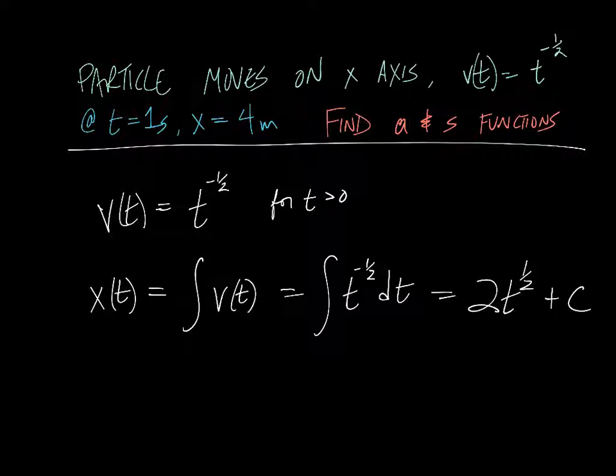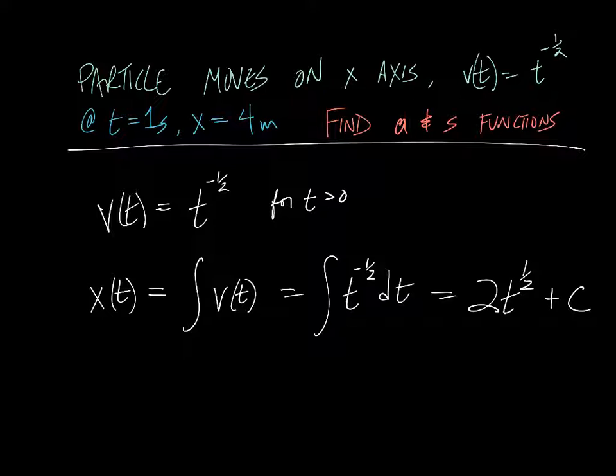All right, the antiderivative of that thing, the integral, Calc 1 level stuff. So now I have x of t is 2 t to the 1/2, and then I have that constant that's in there. And so basically, x is 4.